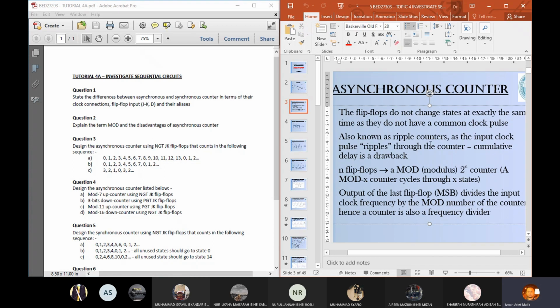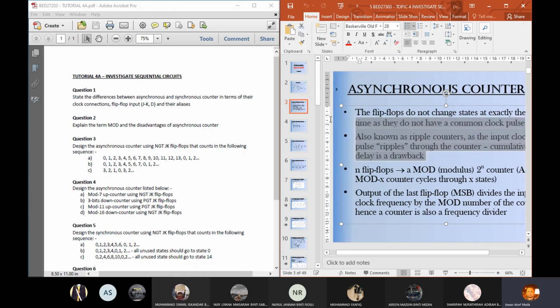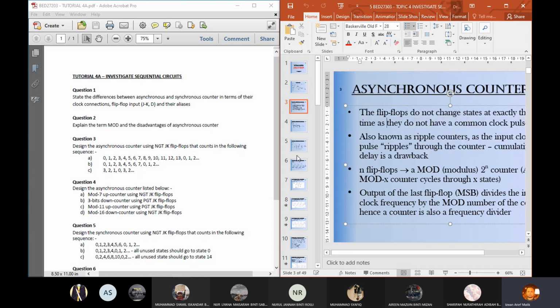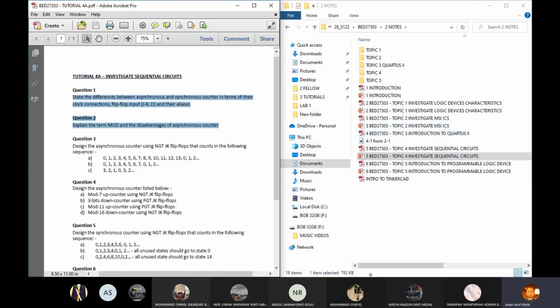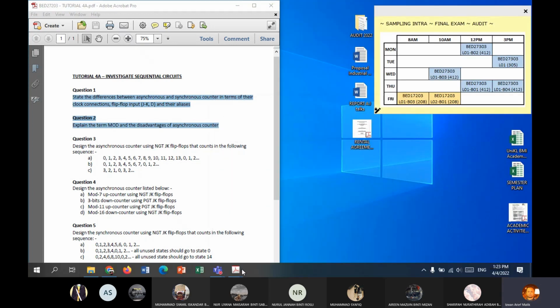So this will create cumulative delay. That is the disadvantage of asynchronous counter. So question 1 and question 2, you may find the answer from my notes. Next we move on to question 3.